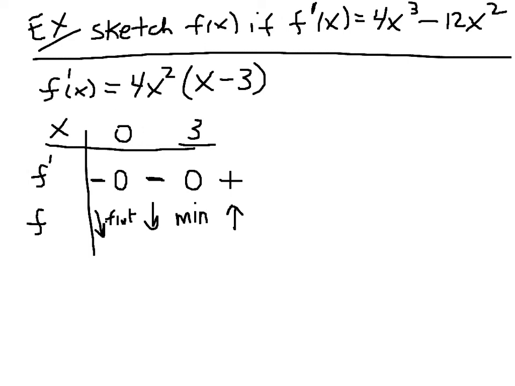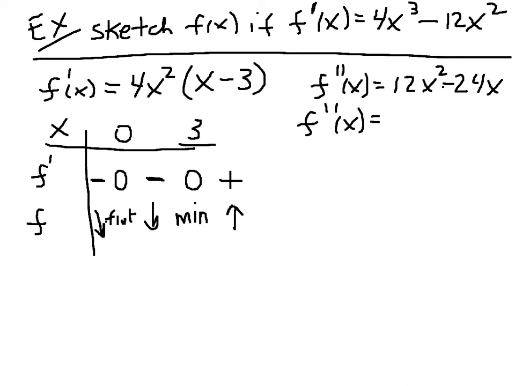Now, how about the second derivative? Well, the second derivative is equal to 12x squared minus 24x. So the second derivative can be written as 12x times x minus 2.